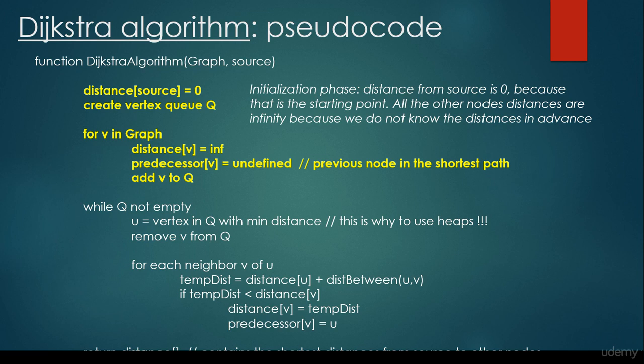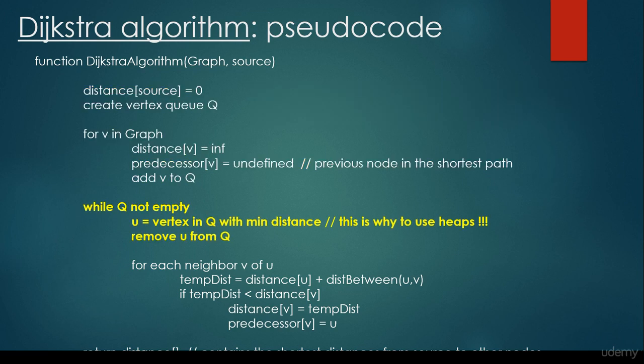So we have this queue, the priority queue abstract data type. Then we have this while loop, as we have seen for breadth first search and depth first search. While the queue is not empty, we are going to get the vertex from the queue with minimum distance. This is why to use heaps, because for heaps we know for certain that the minimum item is at the root node. So it is order 1 constant time complexity to get the minimum item, plus we have to reconstruct the heap in logarithmic time complexity.